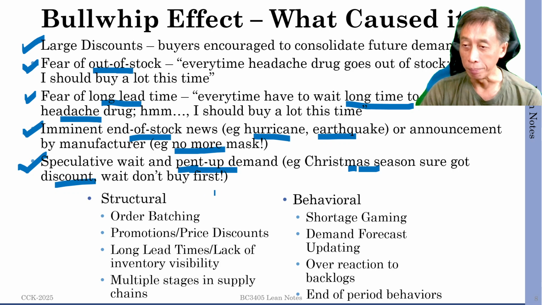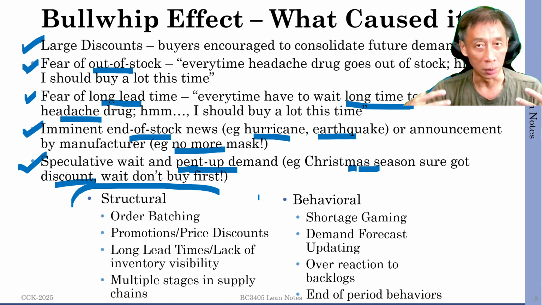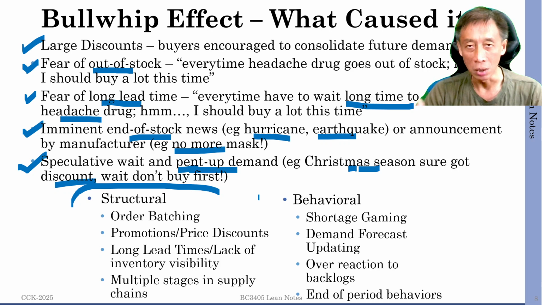So basically they can be classified into structural, meaning the way the supply chain is being run or has organically evolved. For example, in certain supply chains, maybe the discount between this supplier and that buyer or that group of buyers is very standard.